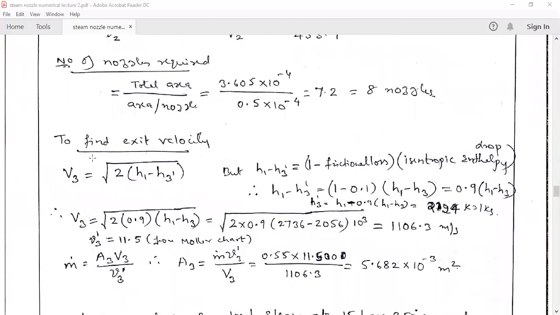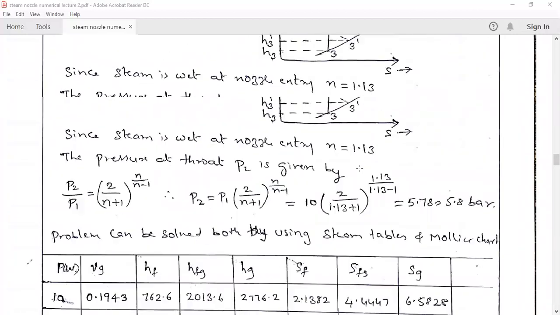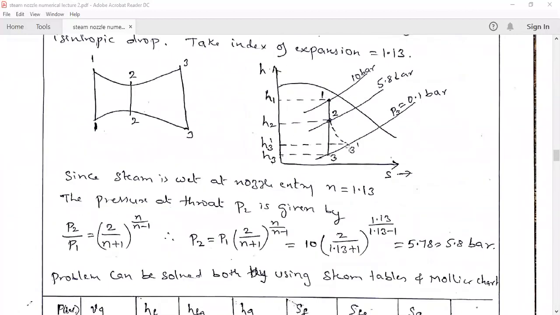Next thing is we need to find the exit velocity. So how do you find the exit velocity? Exit velocity V3 will be equal to square root of 2 times the actual enthalpy drop, that is H1 minus H3 dash. What will H1 minus H3 dash be equal to? The efficiency is nothing but 1 minus frictional losses.